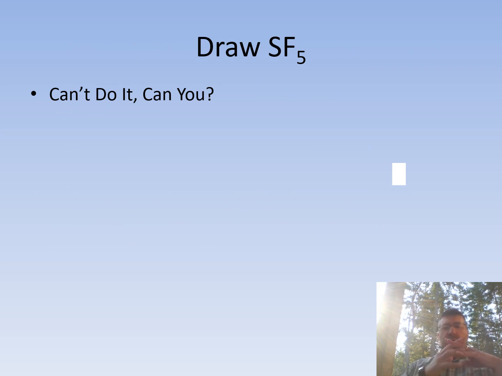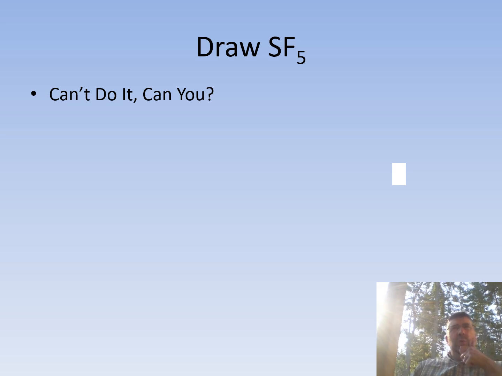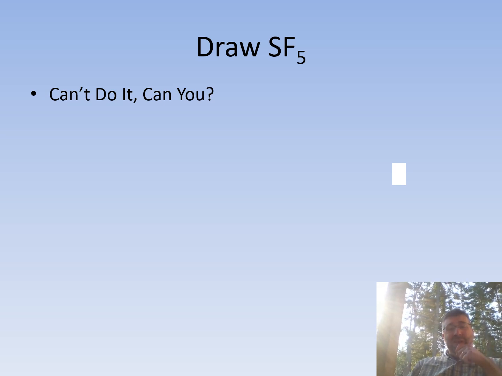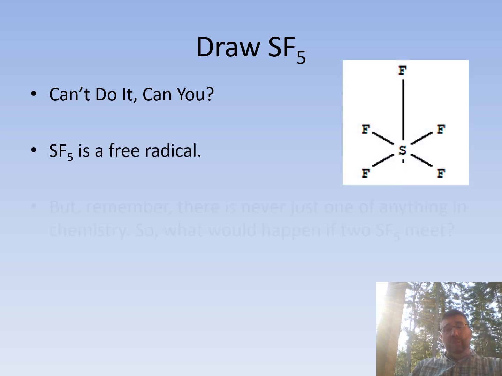All right, so I'd like you to try now to draw the SF5 molecule. Pause the video. See if you can draw it. All right, well, one thing you may notice is that you can't do it, can you? Because SF5 is what we call a free radical.